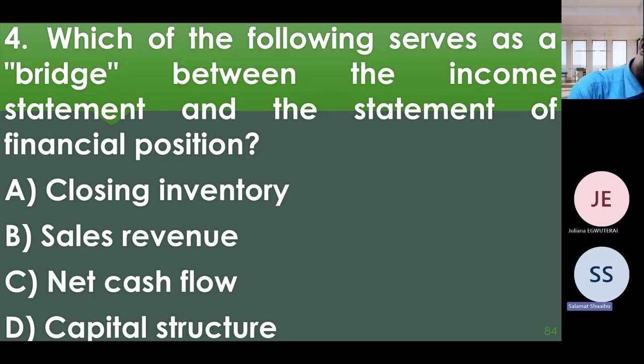What connects them? J, final answer A. Closing inventory connects them. I know closing inventory is in both of them, in current assets. But closing inventory is actually in your statement of financial position. It's in both of them. You people are doing group assignment too. No, sorry, sir.